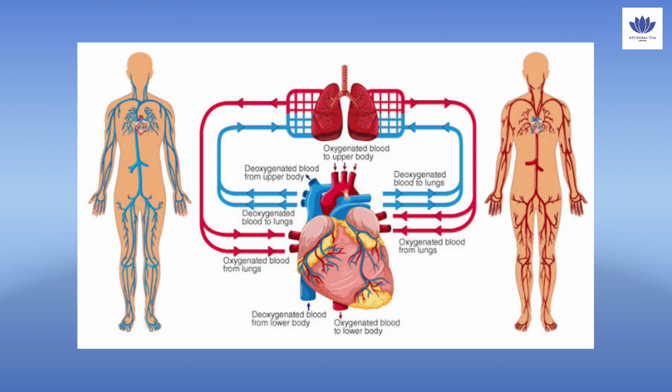Oxygen-rich blood then returns to the left atrium and then to the left ventricle, and from here the oxygen-rich blood gets pumped into the body's tissues through the aorta. Then when blood reaches the tissues, it releases the oxygen and picks up carbon dioxide. This deoxygenated blood returns to the right atrium and the circuit continues.